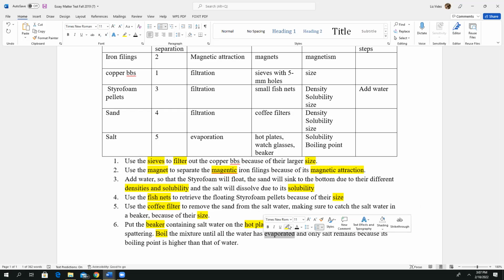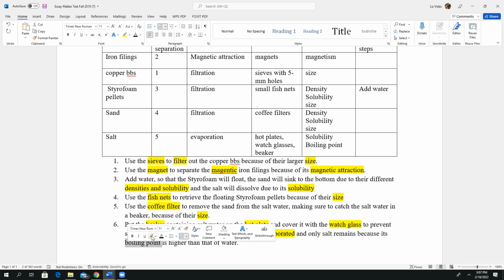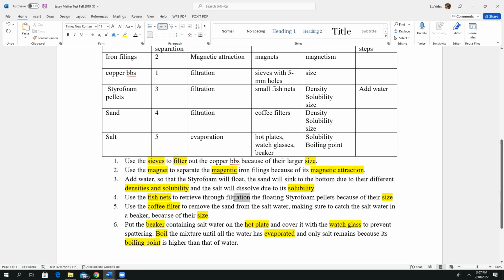There's another word that I'm looking for, because this boiling point is higher than that of water. So boiling point, there's the property. You see that? So all of that was in there, except for one that I'm not seeing, and that would be the 2. You would actually have to say, instead of retrieve or remove, by filtration. You could probably say retrieve through filtration, right? There. And then you would get that one too.